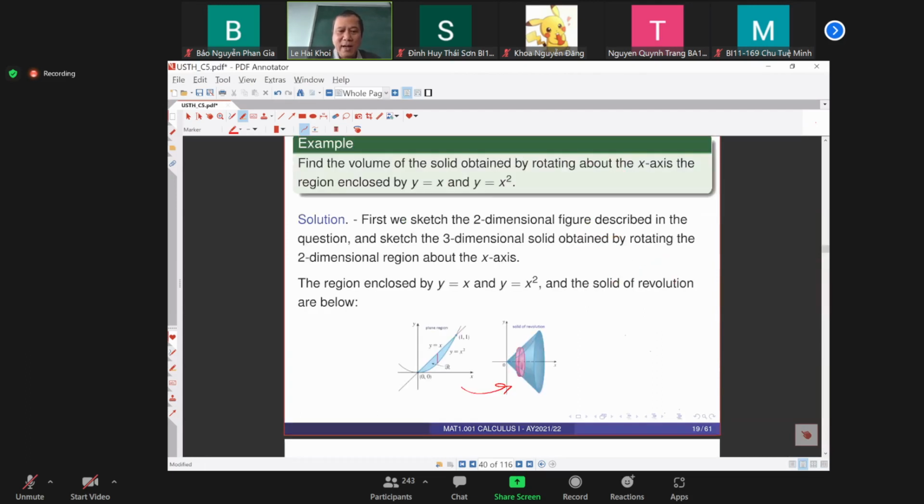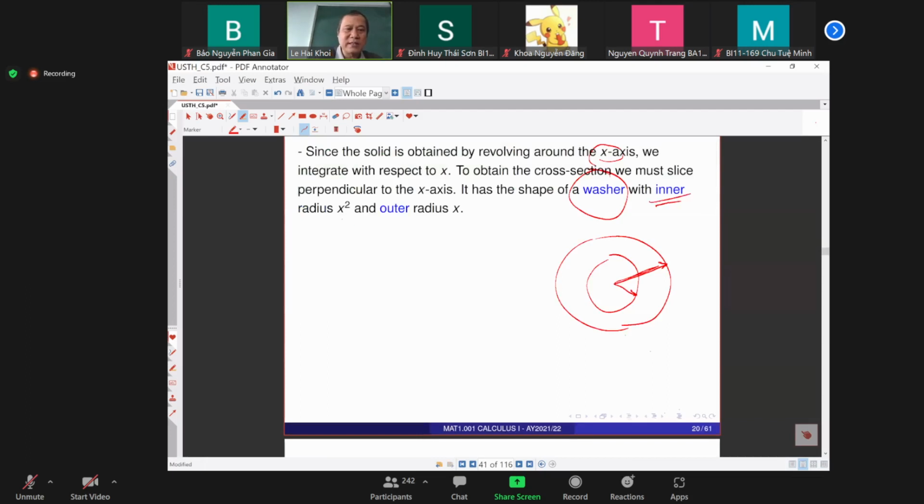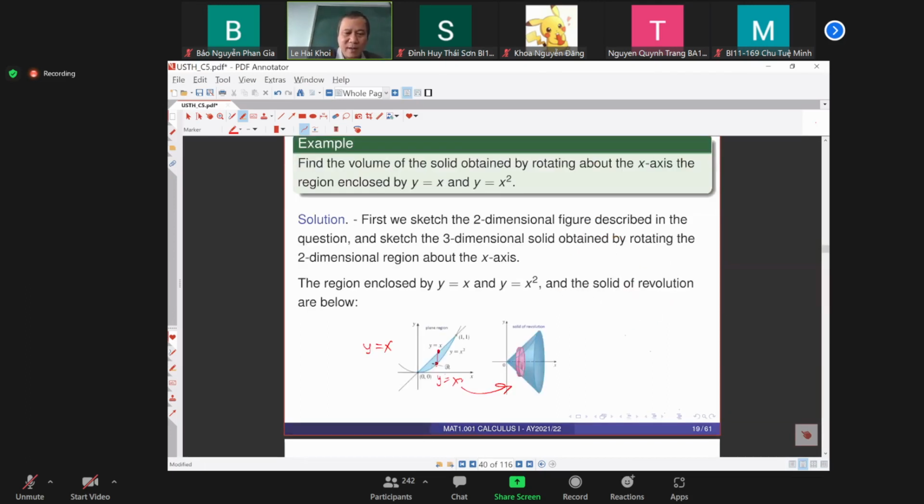Here, from here you have y equals x, and that one, y equals x squared. Okay? Inner is x squared here, outer, that part, and this part is x.